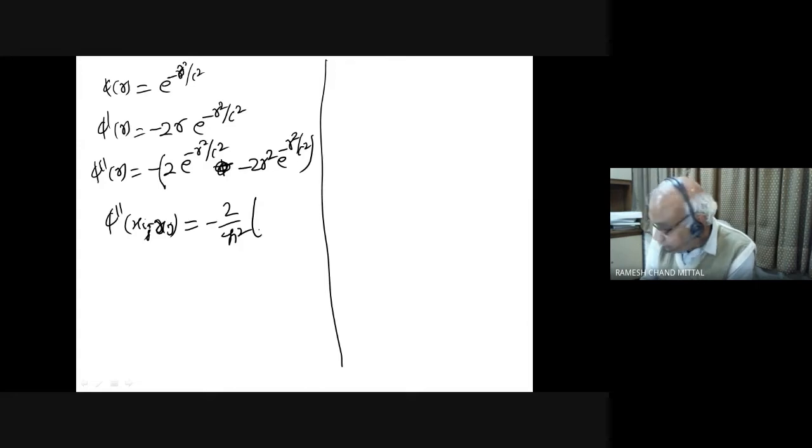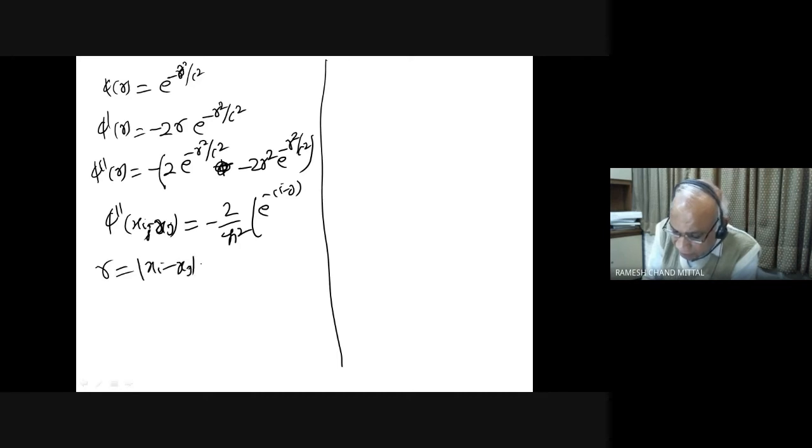And to put it simply, my phi double prime of xi minus xj will be equal to minus 2 upon h square e to the minus (i minus j) whole square, because I put r square, as you know, xi minus xj is equal to (i minus j) h.